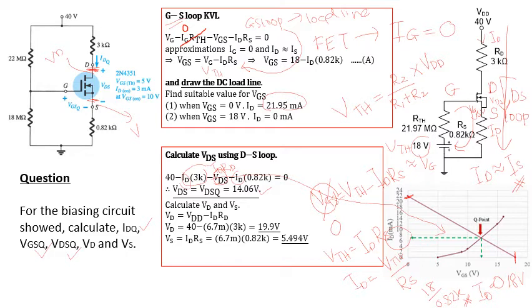As you can see here, VD equal to VDD minus IDRD. So this is technically how you solve the voltage divider, especially related to the MOSFET for the DC analysis.